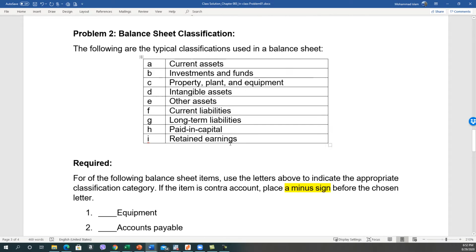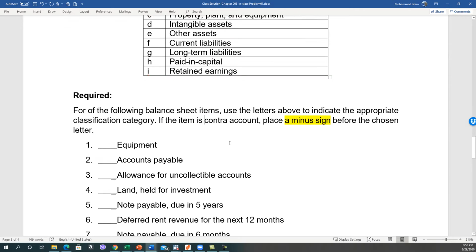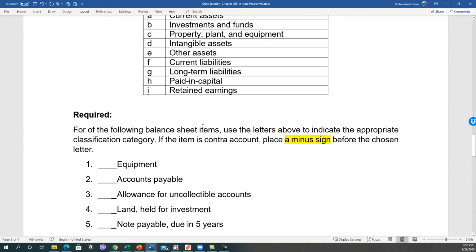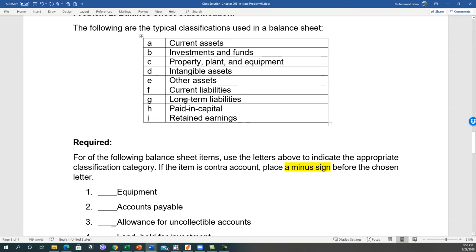So let's start. The first one, equipment. What is equipment? Okay, I'm writing over here. Equipment, current assets? Is it current assets? No. This is property, plant and equipment. Okay, you got it? So this one is C. Then accounts payable.